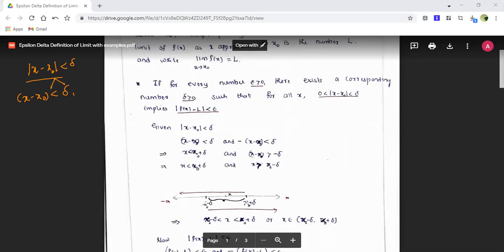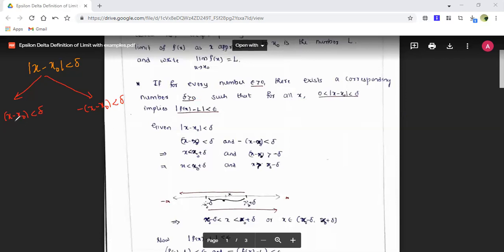I just changed the color for better understanding. We can write it as x minus x naught less than delta, and minus of x minus x naught less than delta. This is how we can write it.